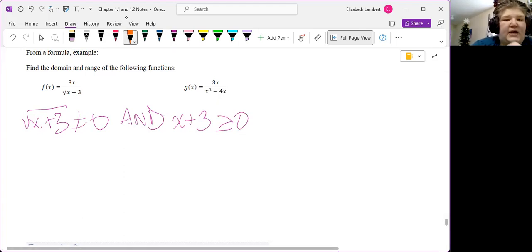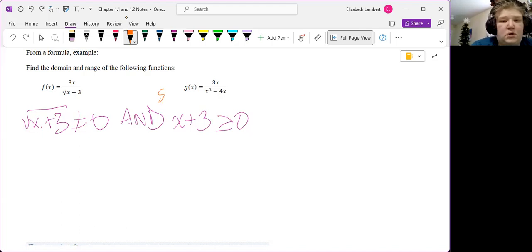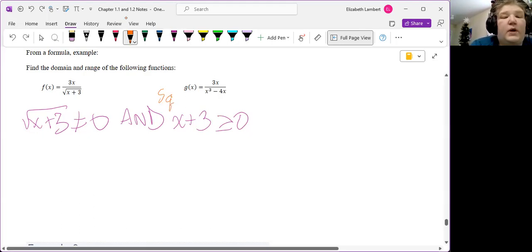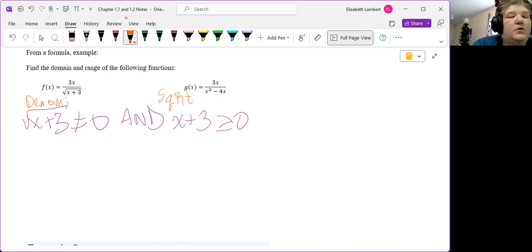This one on the right is because it's a square root. This is because of the denominator. Both of these have to be true for x to be in our domain.